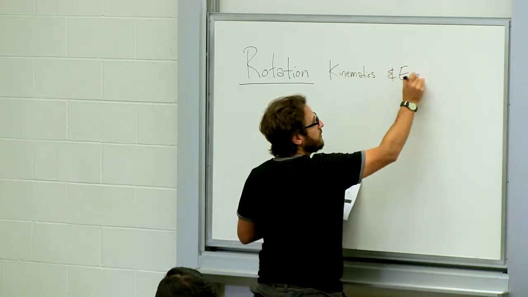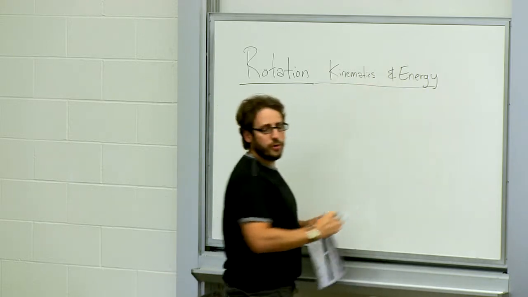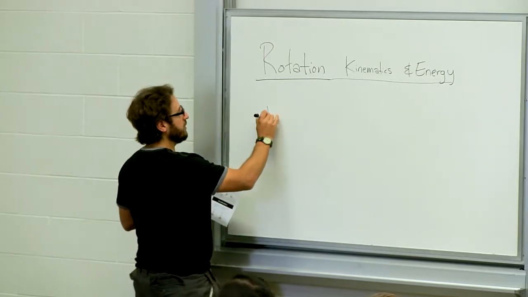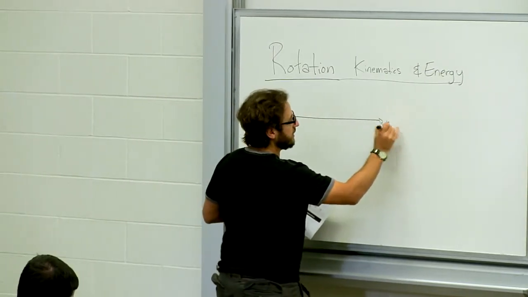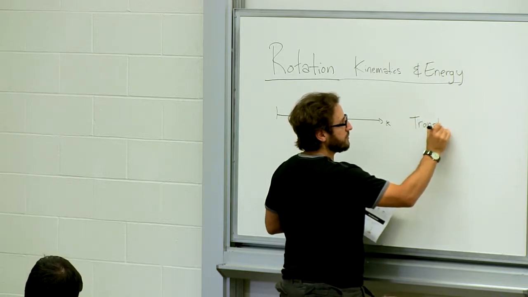And these are concepts we've already considered for translational motion, right? We have a coordinate we called x, which is an axis in a straight line. This is translational motion.